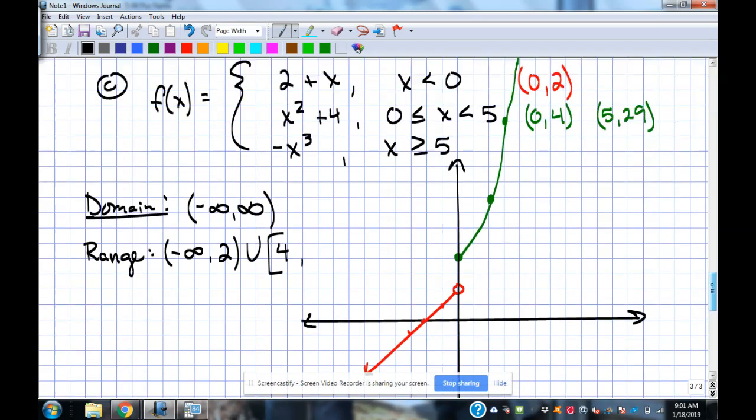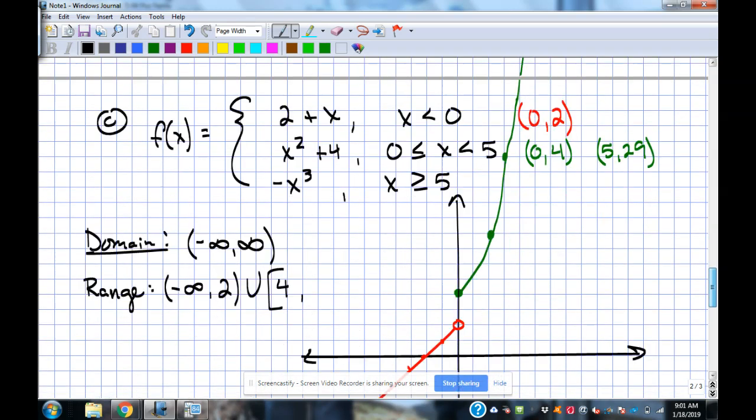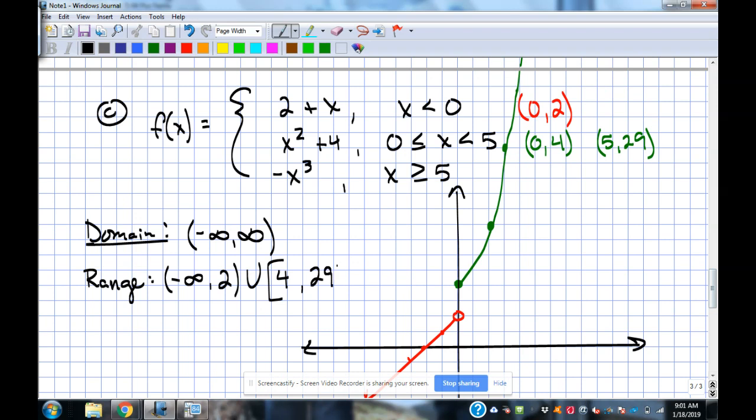And how high does it go up? It goes to 29. Is 29 included? No. So our range goes from negative infinity up till we get to 2, and then it just jumps up here to 4, and then only goes to 29 from there, and doesn't use the 29. So there's the range, a little bit different on that one.